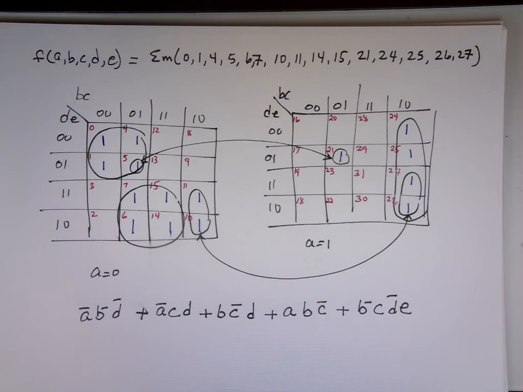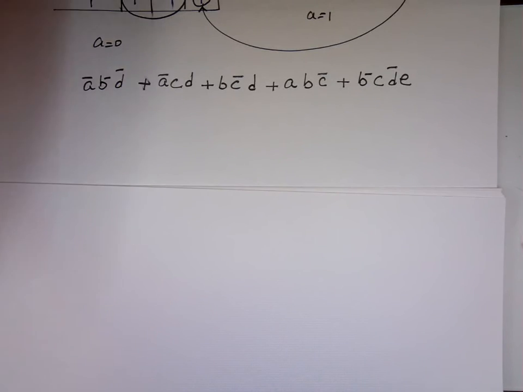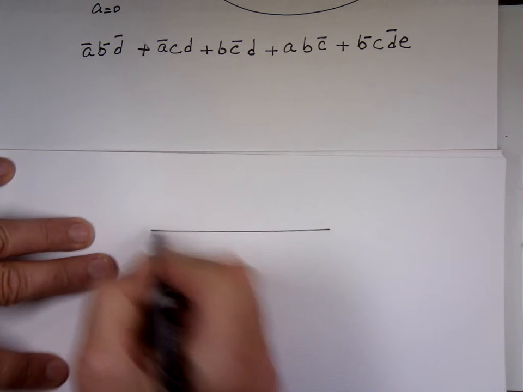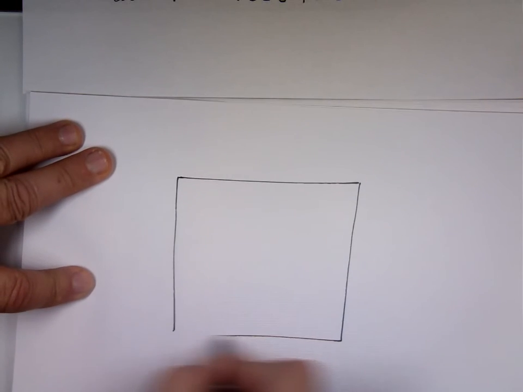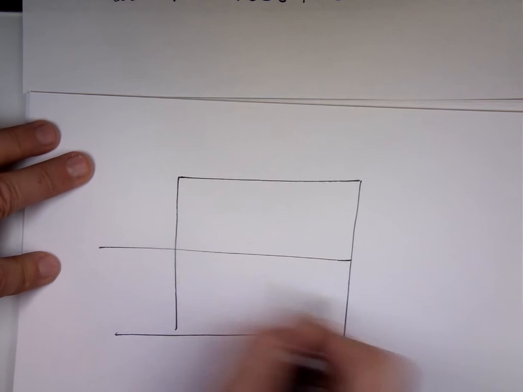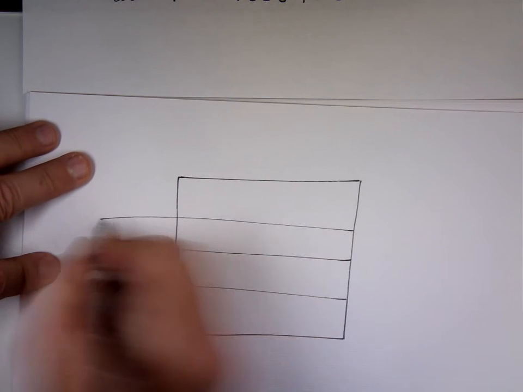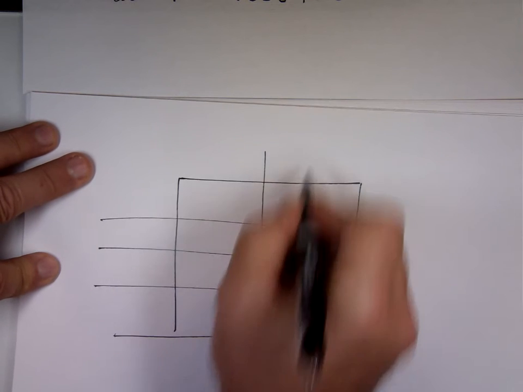If I do this with one map, then I'll go to 6 variable K-map after this. I should have made it a little bit bigger, but that's okay. Just got to write small.